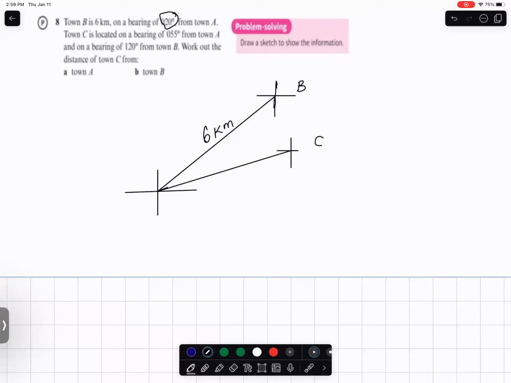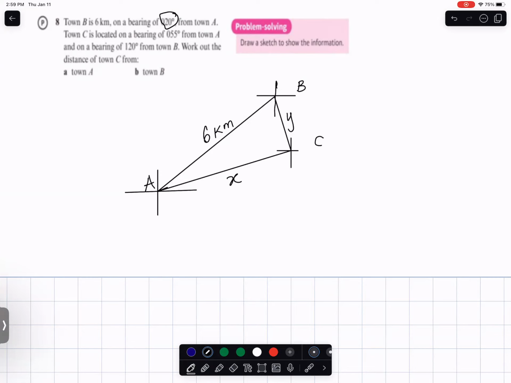So let's connect this together. So this is our town A. So the question says distance of town C from A, I'll make that X, and distance of town C from B, I'll make that Y.